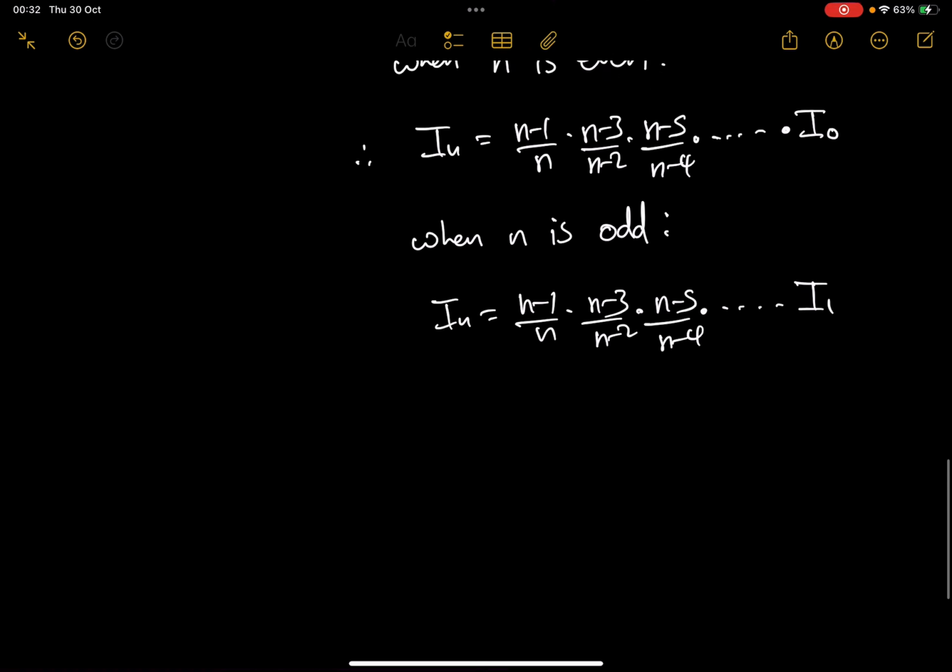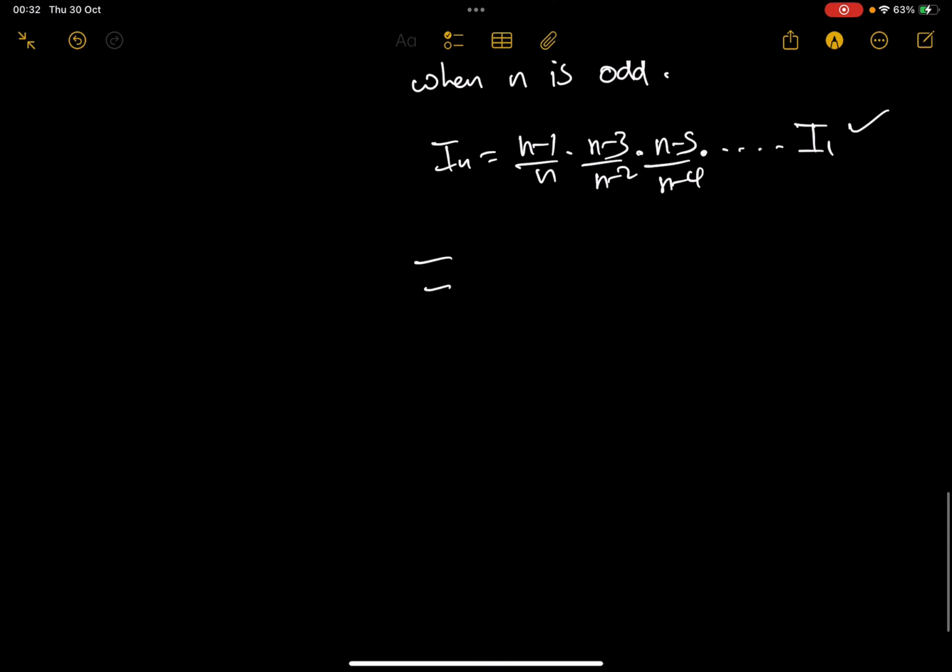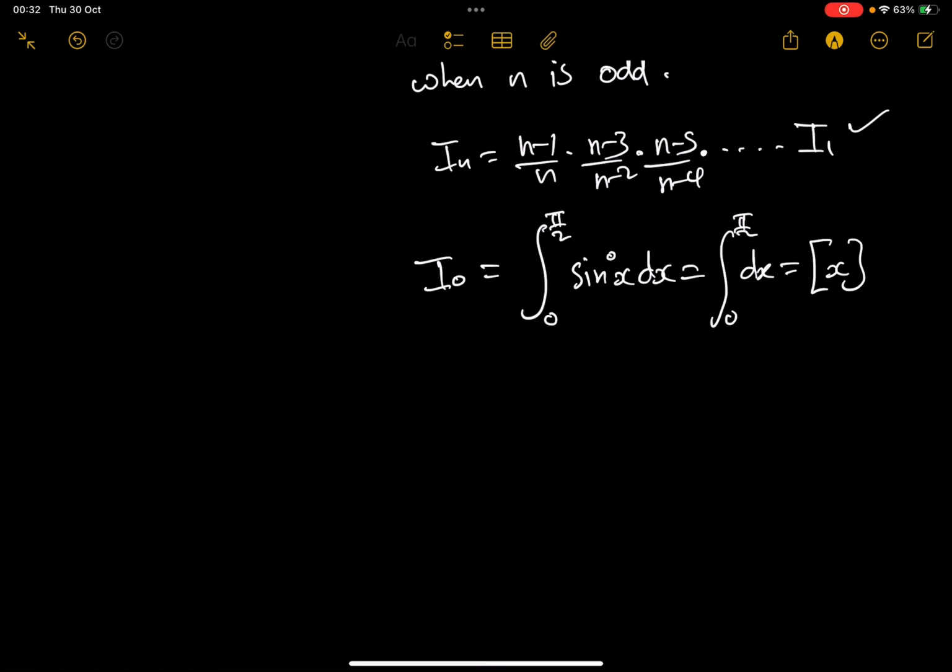So now let's find the values of I_0 and I_1. So I_0 is the same as the integral from 0 to pi over 2 of sine^0 x dx, which is the integral from 0 to pi over 2 of dx, and then this is x from 0 to pi over 2, which is equal to pi over 2.